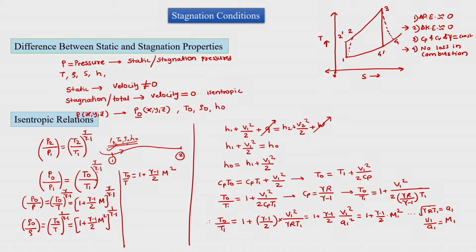Here all these relations are based upon the fact that we are assuming the flow to be brought to 0 velocity with isentropic assumption. Now, let us go back and see what we mean by not accounting the velocity. We did not account the velocity and we got certain relations, but now we will start considering the velocity with the help of stagnation condition and try to find the same relations for the Brayton cycle.